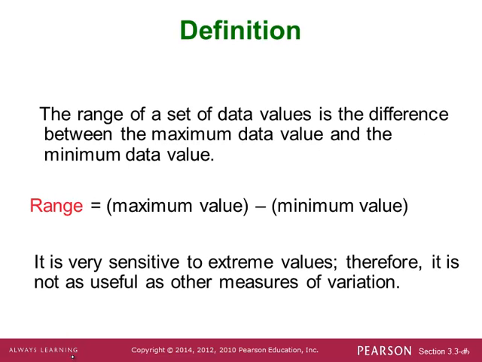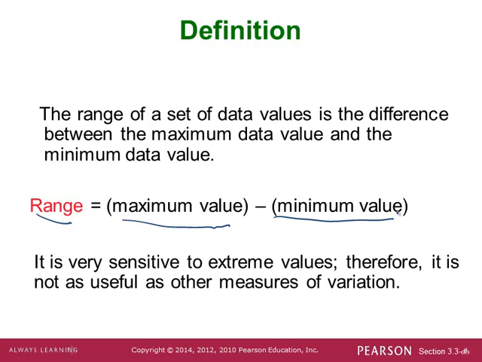Now, before we get to the standard deviation, we will talk about one simple back of the envelope, stubby pencil calculation that you could do as a means of determining variation. And that's just simply to take the maximum value of your data set minus your minimum value.